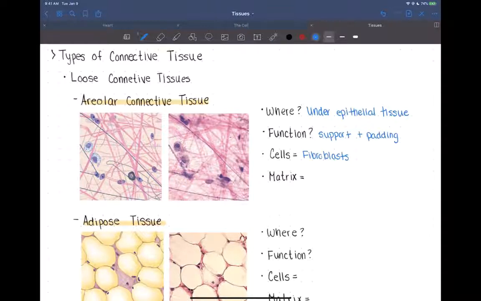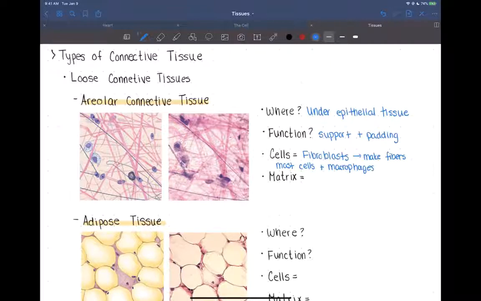But we're going to focus on fibroblasts. Remember, the job of those fibroblasts is to make fibers. We would also have some mast cells and macrophages present, but the majority of what you're going to see is going to be these fibroblasts.